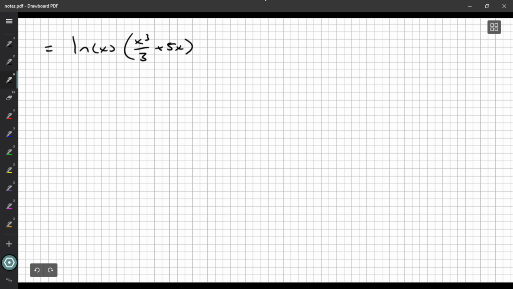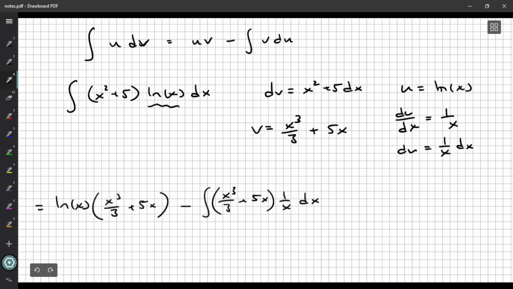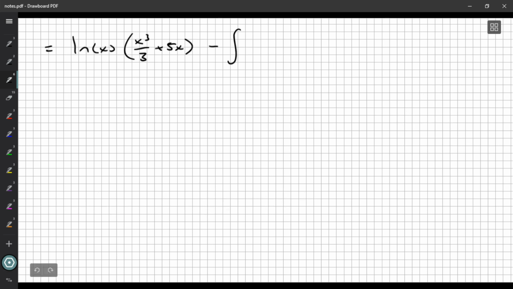Not much to do here unless I wanted to make it 15x over 3 just to combine them. Maybe I'll do that in a moment. But definitely I can see, oh, this 1 over x, there are x's inside the x cubed and the x, so I'm going to take a factor of x out of the polynomial. So we'll get x squared over 3 plus 5, times 1 over x dx, and now those cancel out.